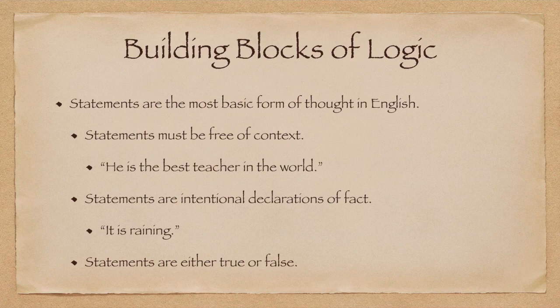This is a verifiable statement as opposed to the first sentence because it is either true or false. And we recognize that if I go to the window and look outside and I see liquid precipitation falling from the sky, I can make a statement of fact, "It is raining."